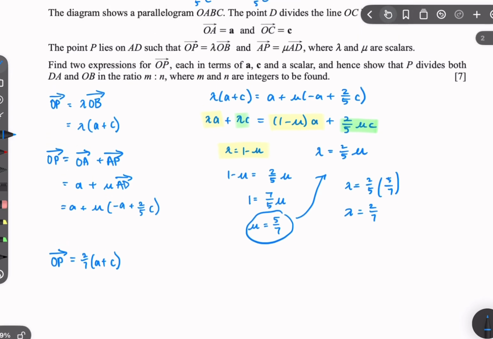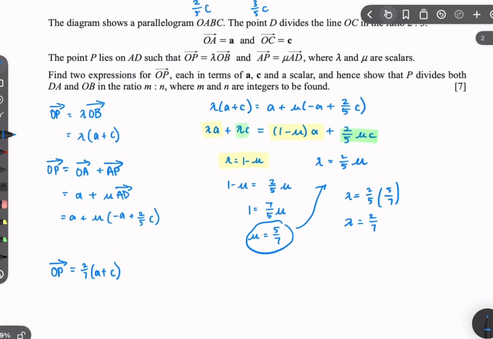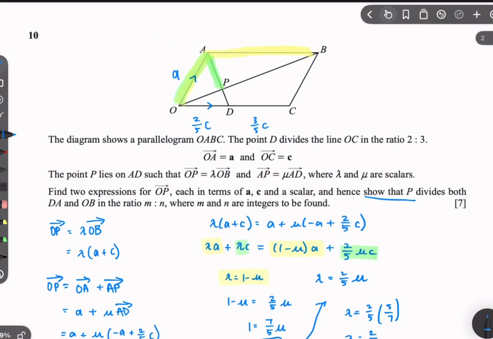Okay, the second part of the question is that we have to show that P divides both DA and OB in the ratio.